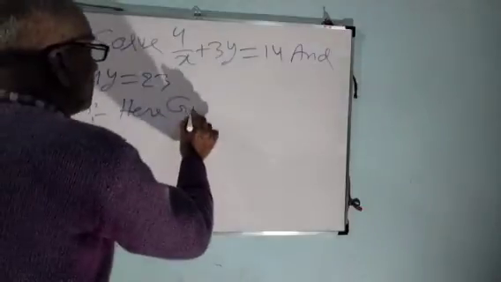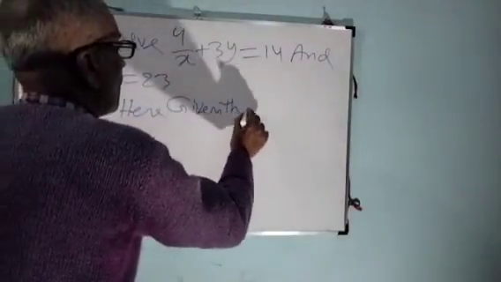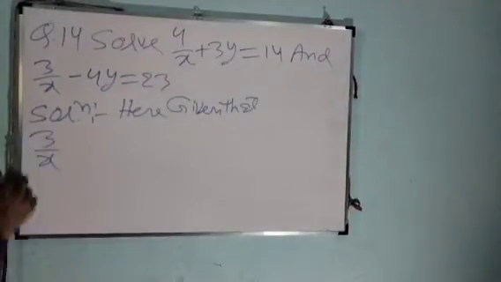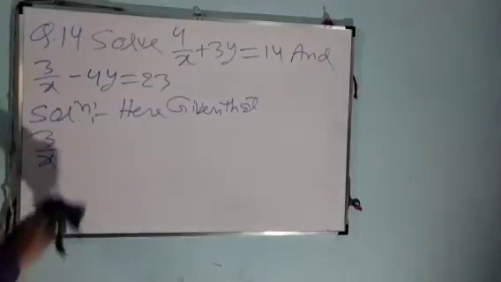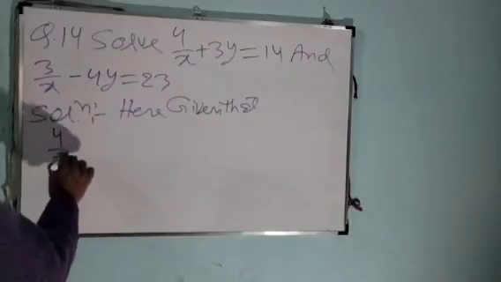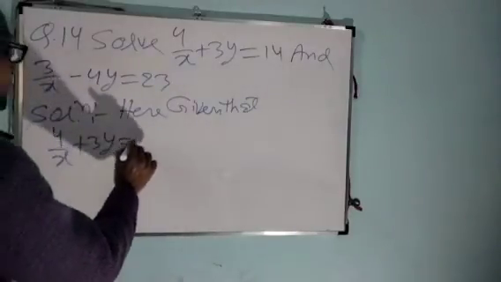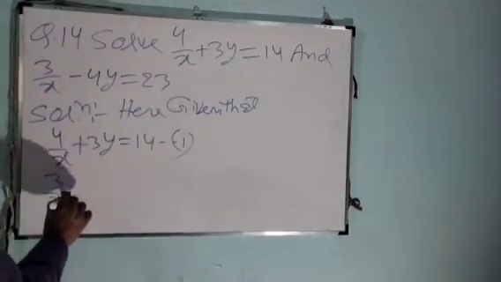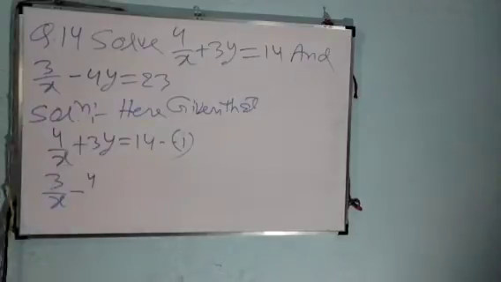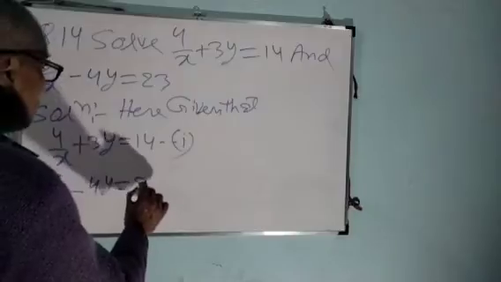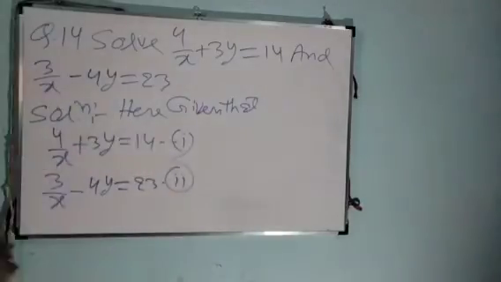Here given that 4x plus 3y equal to 14, equation number first. 3x minus 4y equal to 23, equation second.